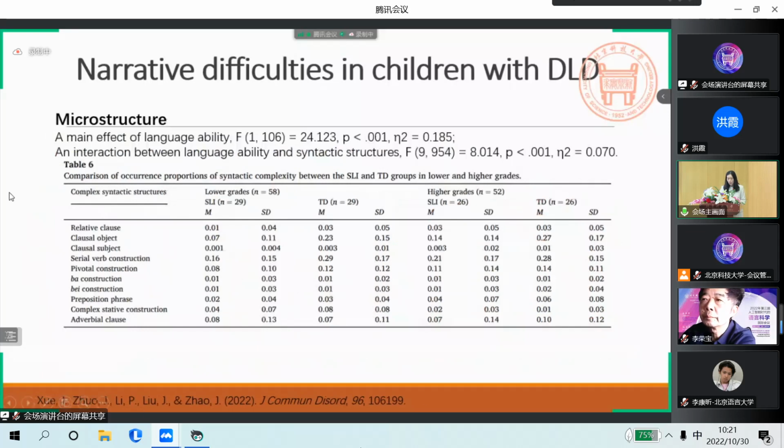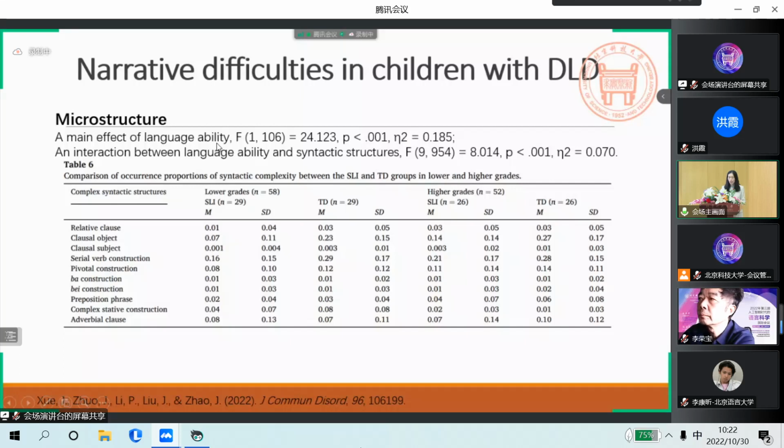About the microstructure, we also analyzed the syntax complexity. We included the complex syntax structures, which are all unique in Chinese, so we analyzed all of them. According to the statistics, language ability has an effect.